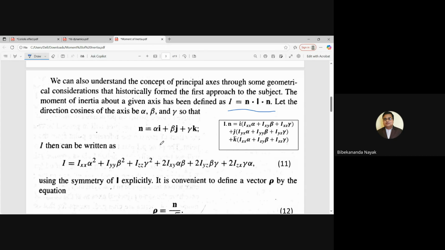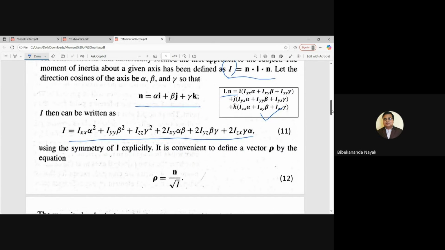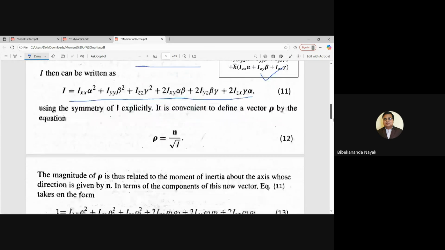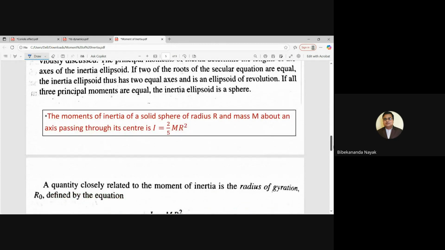Sometimes n cap is given, let's say alpha i cap, beta j cap, gamma k cap. Then what is the value of I? Take n I n, but I dot n cap is equal to this one. Unit vector, if you take both dot products, you find the formula: Ixx alpha square plus Iyy beta square plus Izz gamma square plus 2 Ixy alpha beta plus 2 Iyz beta gamma plus 2 Izx gamma alpha. Using this, different concepts are used.